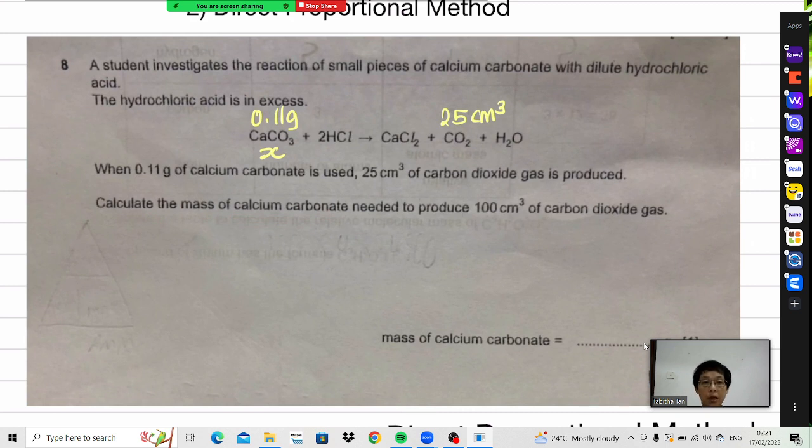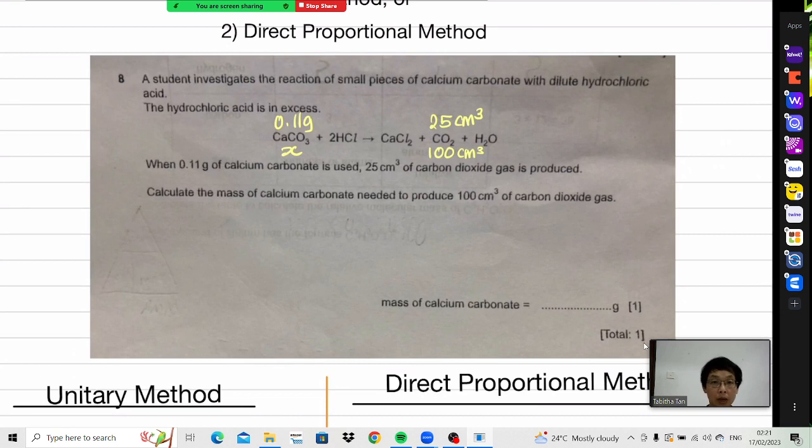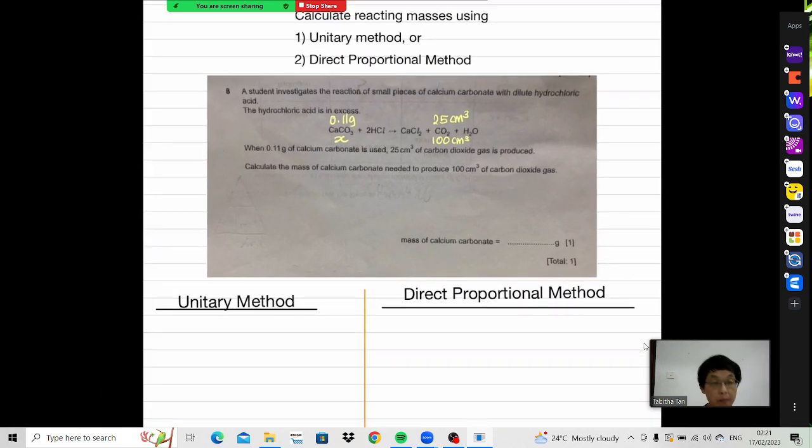How many gram of calcium carbonate needed to produce 100 cm³ of carbon dioxide. Again, I'm going to demonstrate both methods, and you take your time to choose which one you prefer.